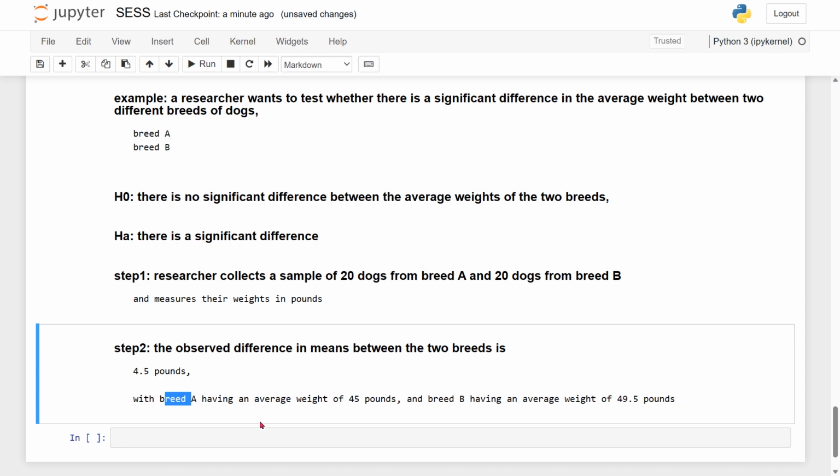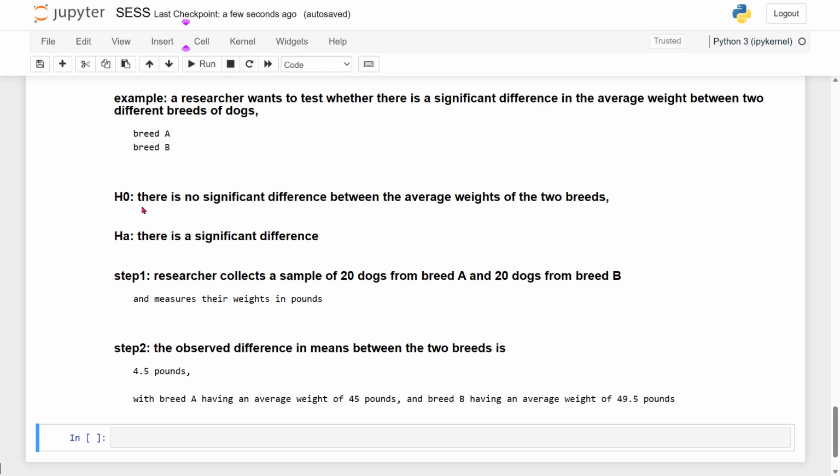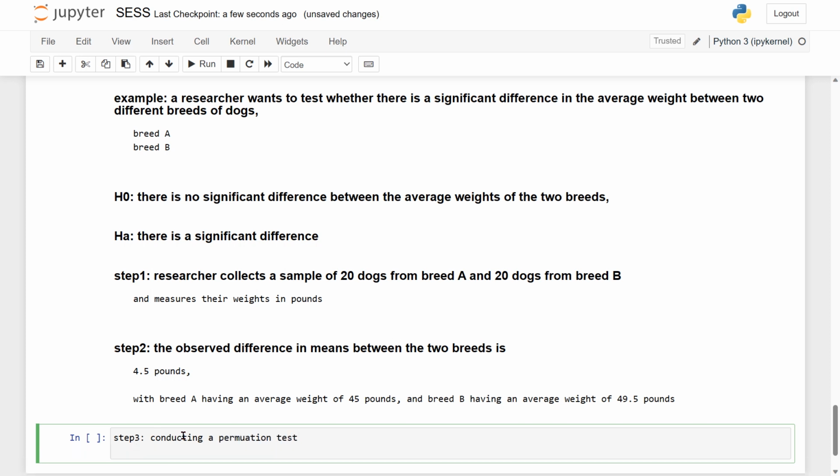Now let's conduct a permutation test. Step 3 is conducting a permutation test. To conduct a permutation test, let's see this process very vigilantly.